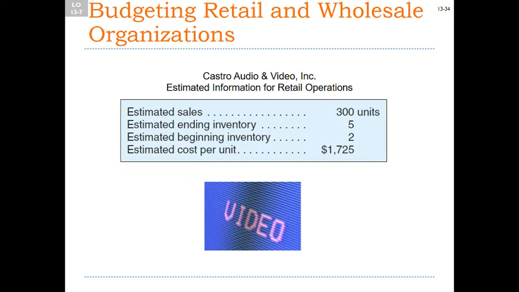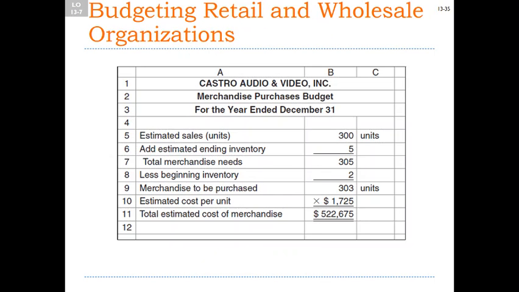So they know they're going to have to purchase 303 items. The 300 that they plan on selling, plus the 5 they plan on having in ending inventory, minus the 2 they already have in beginning inventory. And so there's the purchases budget.